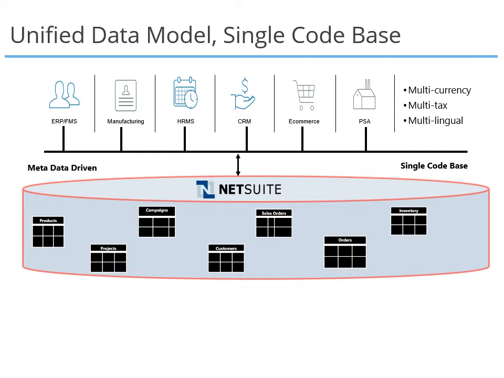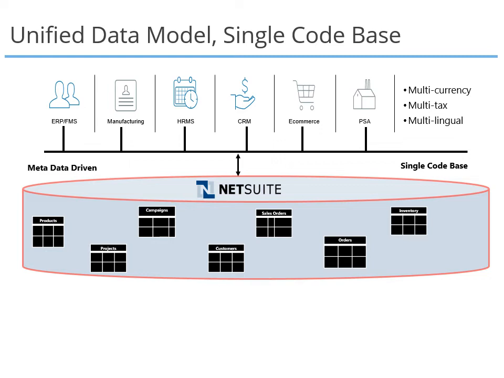NetSuite software is a great fit across several industries and company sizes. Out-of-the-box, NetSuite software provides rich functional capabilities for different industries using a single code base. This allows the software to be configured for different industries like wholesale and distribution, software industry, professional services, manufacturing, non-profit organizations, retail, and e-commerce companies.